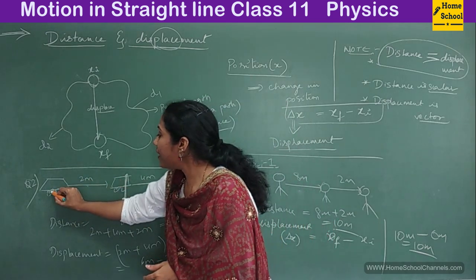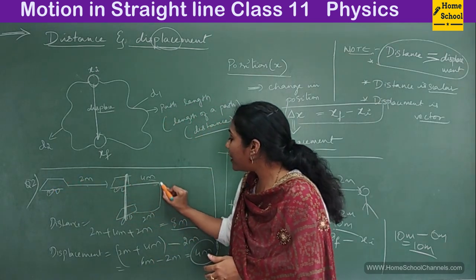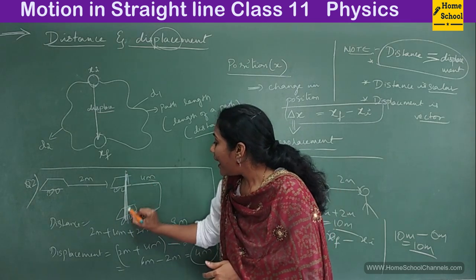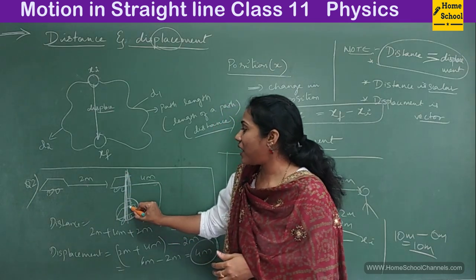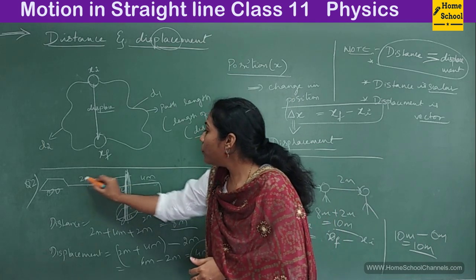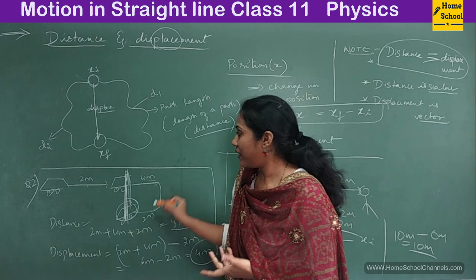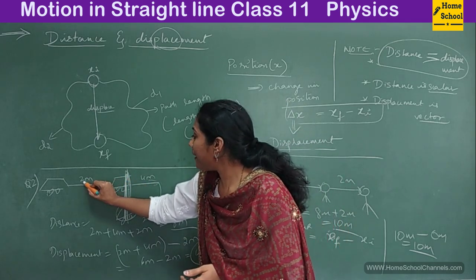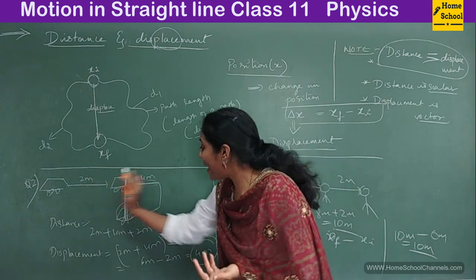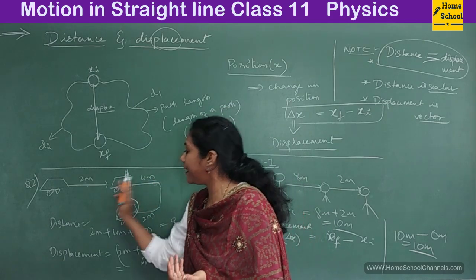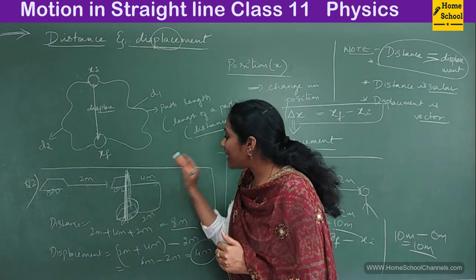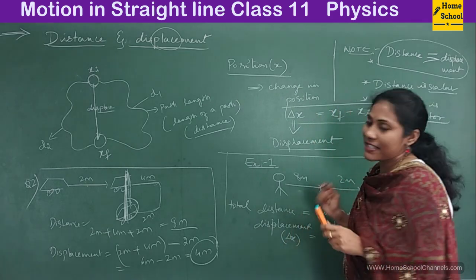Initially the car was here, but finally after it took a U-turn and came here, this is the position of the car. So definitely you will not have a displacement of 2 plus 4 plus 2. You will have a displacement of 2 meter plus 4 meter minus this much, you should take it off. That is how we will calculate displacement.